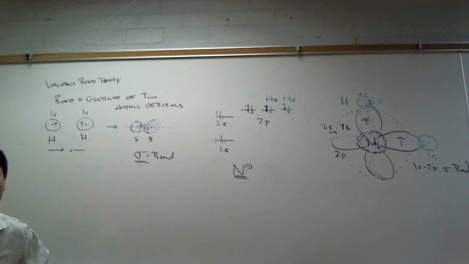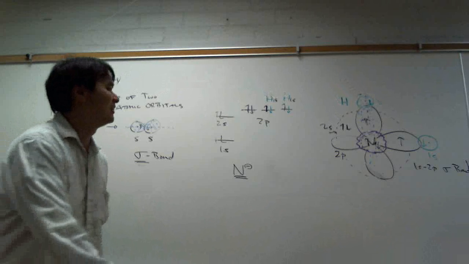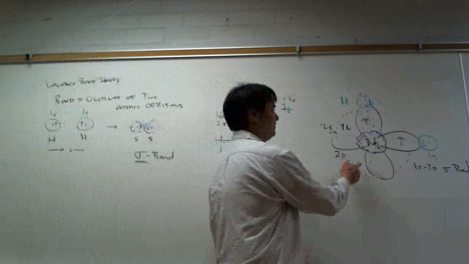So one of those is right, the other's wrong. Which one is right, which one's wrong? I would say the one we drew is wrong. This one is wrong. The Lewis structure is right. This is wrong, unfortunately.